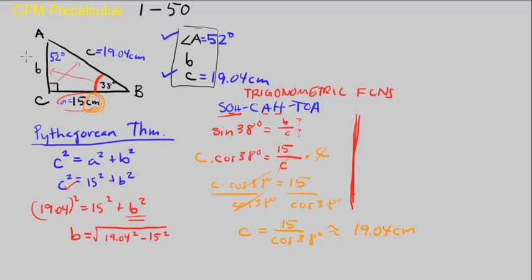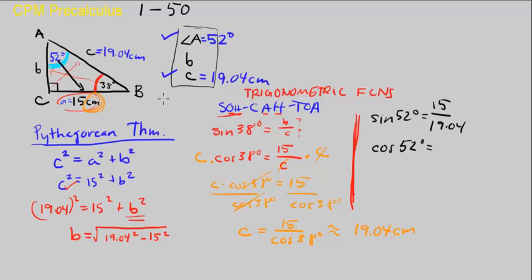This time, let's use 52 as our reference angle. So sine of 52 degrees, what's that going to be? Well, if this is our reference angle, sine is opposite over hypotenuse. So that's going to be 15 divided by 19.04. Well, that doesn't really help. There's no unknowns.